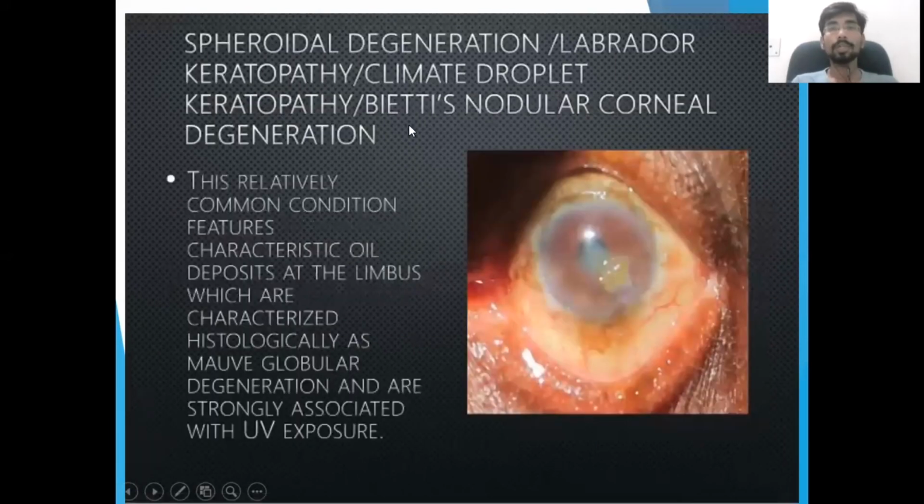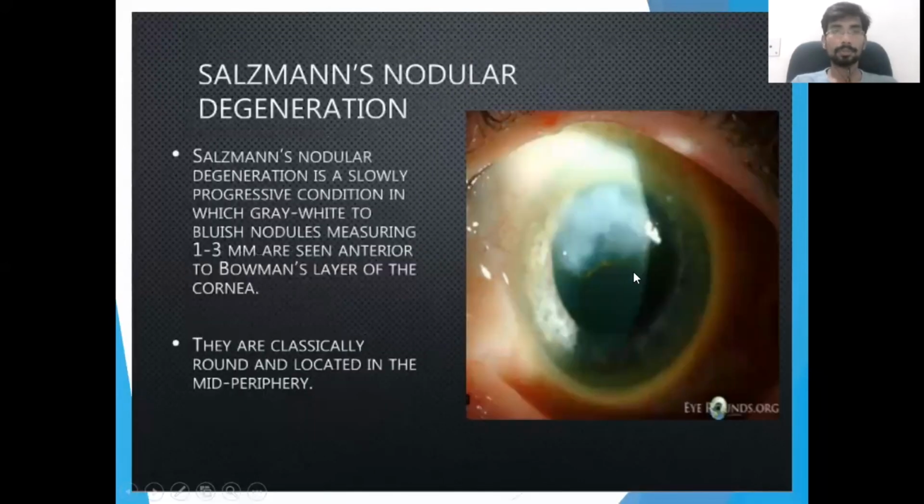Next is spheroidal degeneration, or Labrador keratopathy, or climatic droplet keratopathy, or Bietti nodular corneal degeneration, a relatively common condition. Features are characteristic oil deposits at the limbus, which are characterized histologically as globular degeneration and are strongly associated with UV exposure.